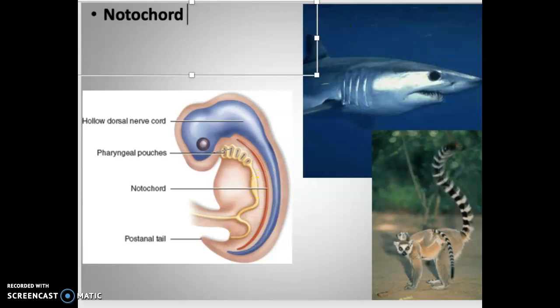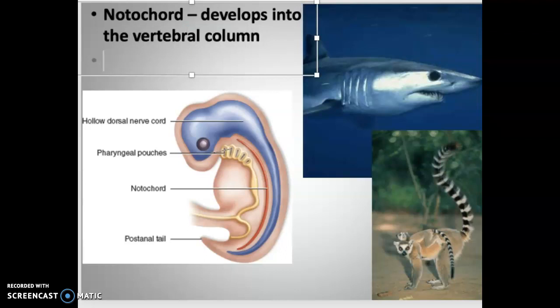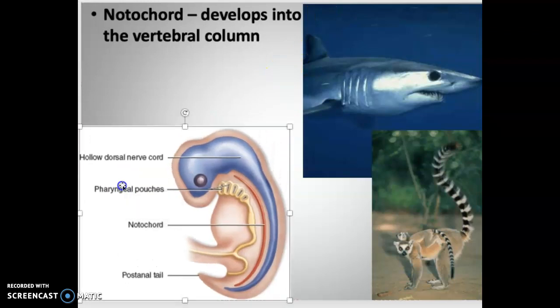In some, and I'm emphasizing the word some, members of the phylum, this will develop into the vertebral column. Think about us. We're mammals. That structure during development starts to turn into our vertebral column. The vertebral column develops around the dorsal nerve cord, the lower portion, which becomes our spinal cord, and then the spinal nerves radiate out from there.